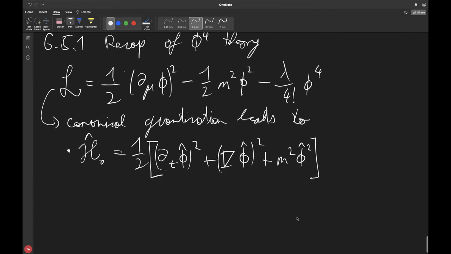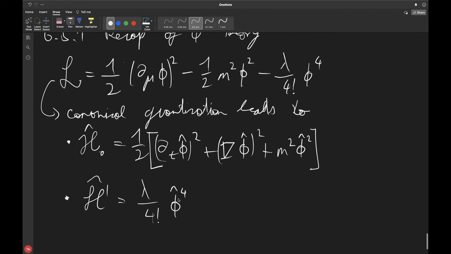We also have the interacting part of the Hamiltonian, which we denote with a prime, and that is just lambda over 4 factorial times phi to the 4, where phi is now an operator.